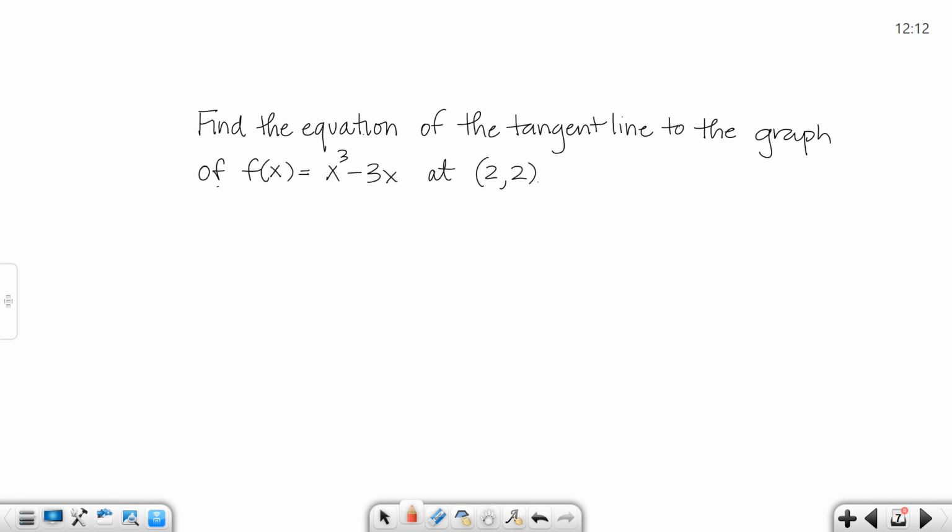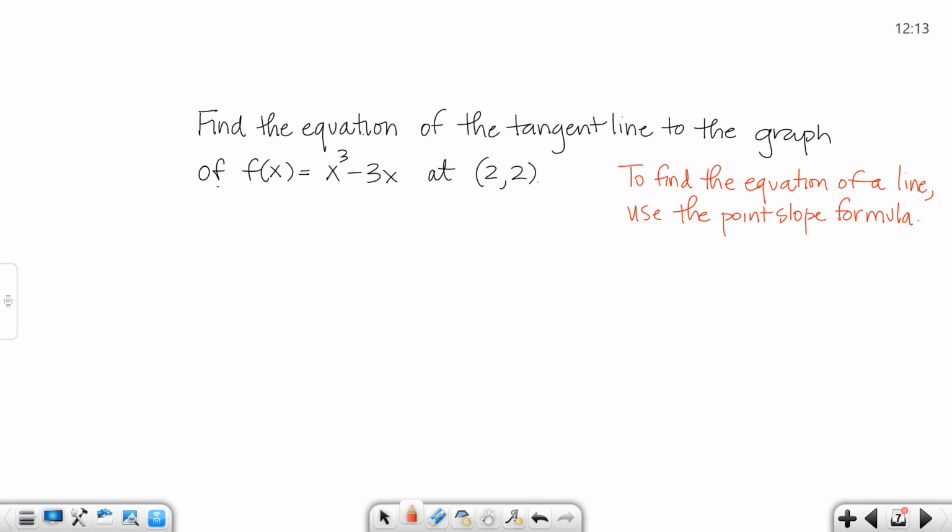To find the equation of any line, you use the point-slope formula. We went over the point-slope formula at the very beginning of the semester.